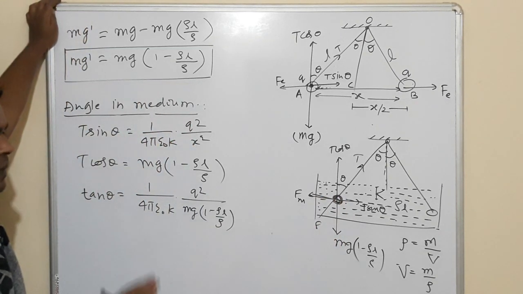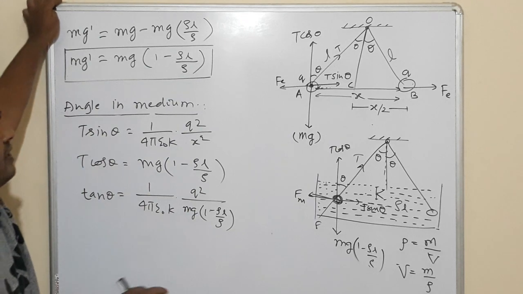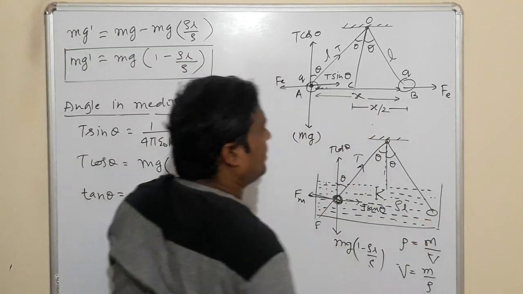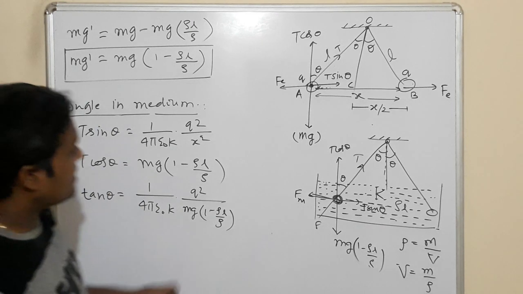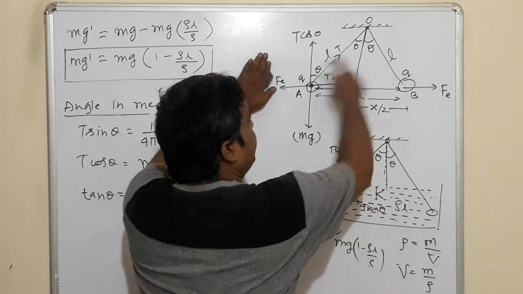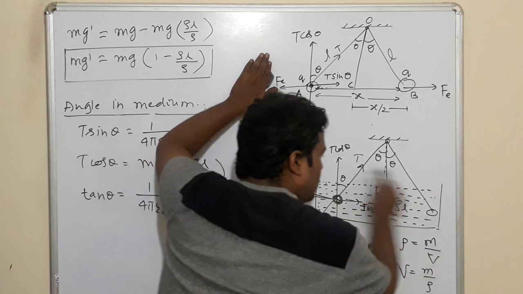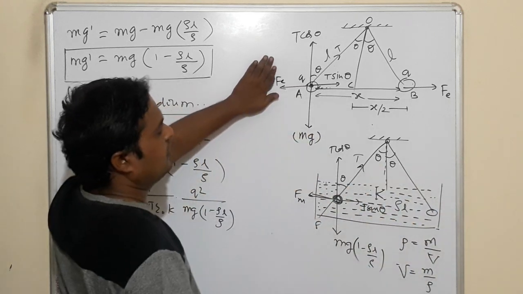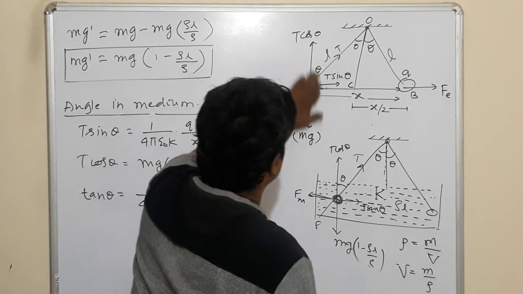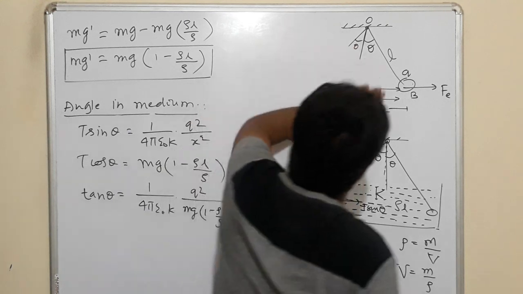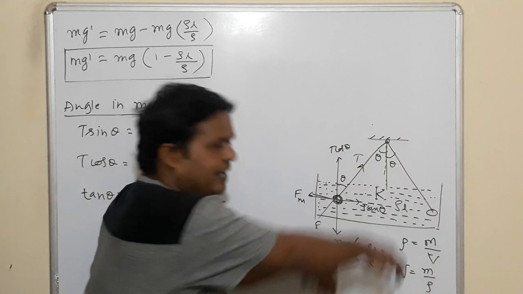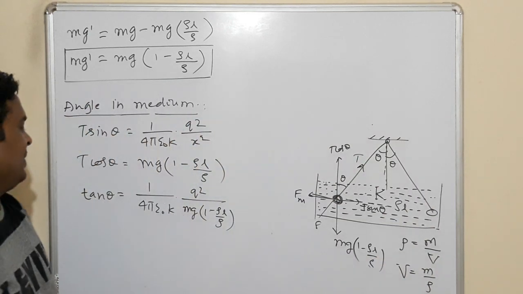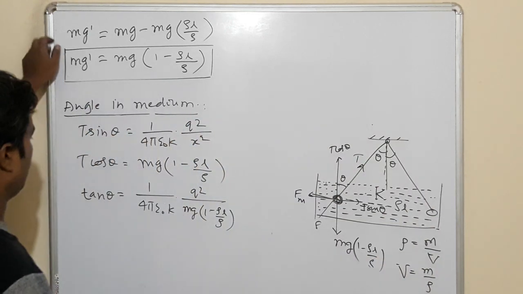In some questions based on this concept, it was mentioned that after immersing into the liquid, the angle does not change, meaning the angle here will be equal to the angle here. If you assume that the angle is not changing after immersing these two spheres inside the liquid, then you can come to an important formula.